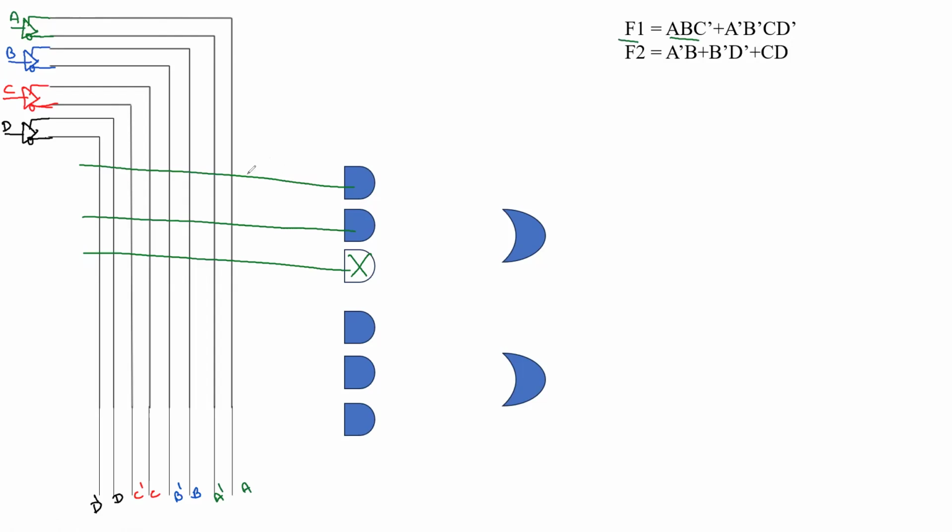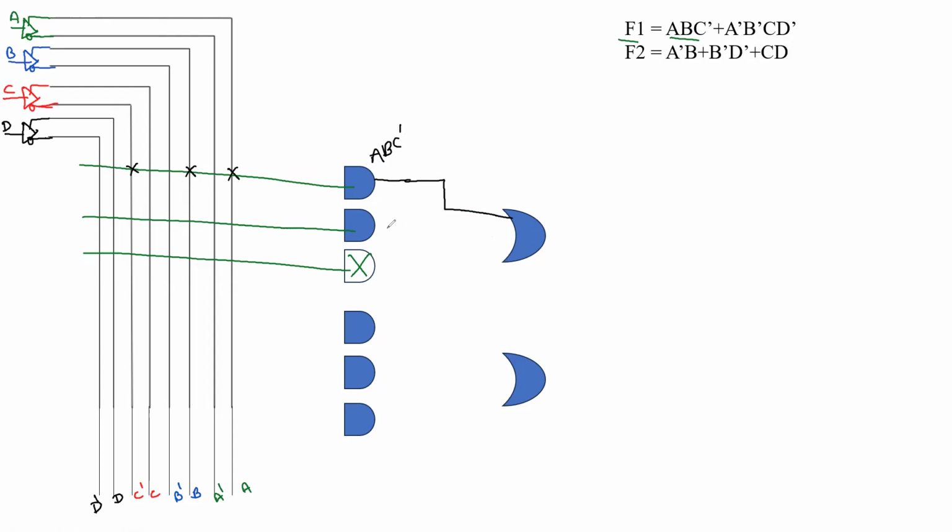So finally, we are going to give the chosen connections. The first product term we are going to take is A B C dash. So A should be connected here, then B should be connected here, and C dash is connected. This is given to the target.